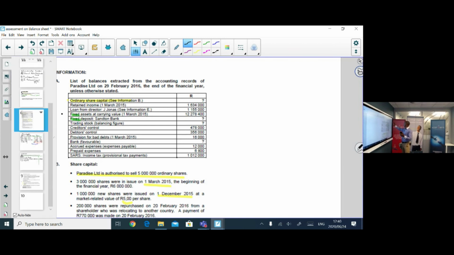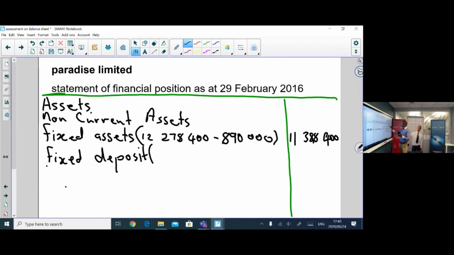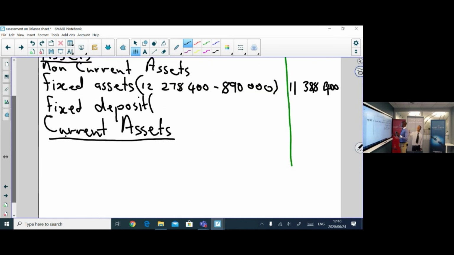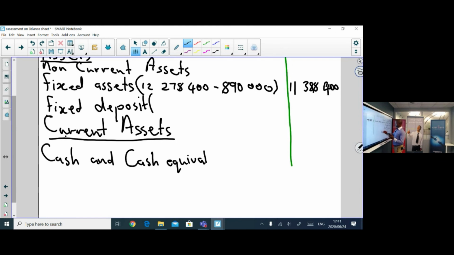Let's go to our current assets. Let's start with cash and cash equivalents.